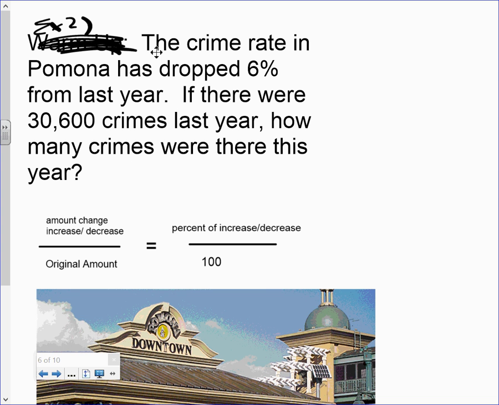All right, Pomona crime rate. So has there been a drop or a rise in crime? Okay. How much drop is there, Gonzalez? 6%. Where will the percent go on our formula?